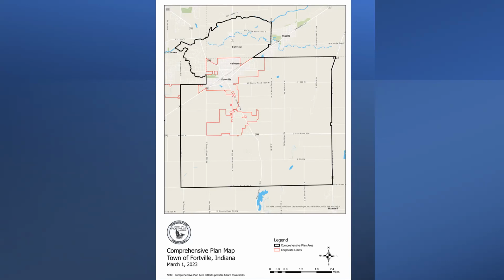Well, I think that's a great question. I think what'll be critically important is to explain the difference between zoning and the comprehensive plan, and that we're not saying that we're going to come through and annex. I think that'll be really important to communicate to the public multiple times, so it's not construed that way.